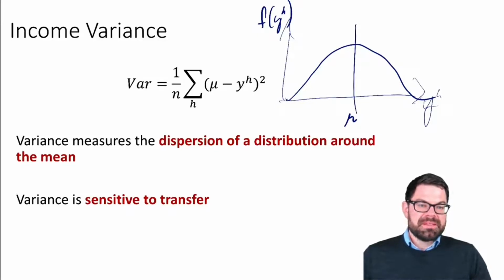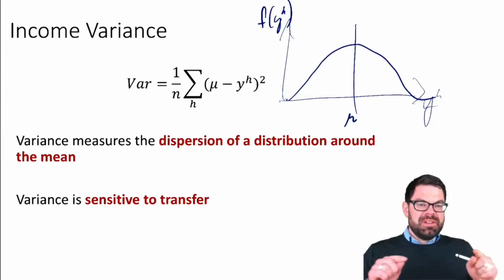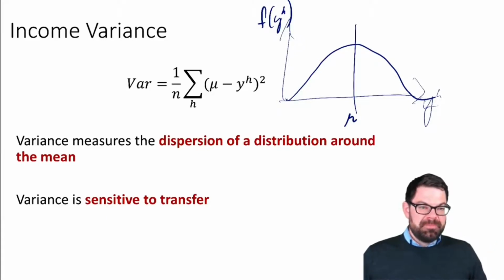the variance tells us what is a measure for the dispersion. So basically for how wide that distribution is, how far away any particular point on average lies from the mean. Okay? So what you do is basically for every household, you subtract that household's income from the mean income and take the square of this.